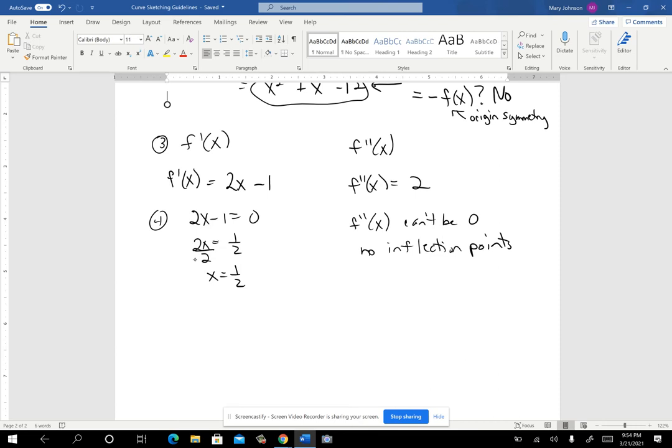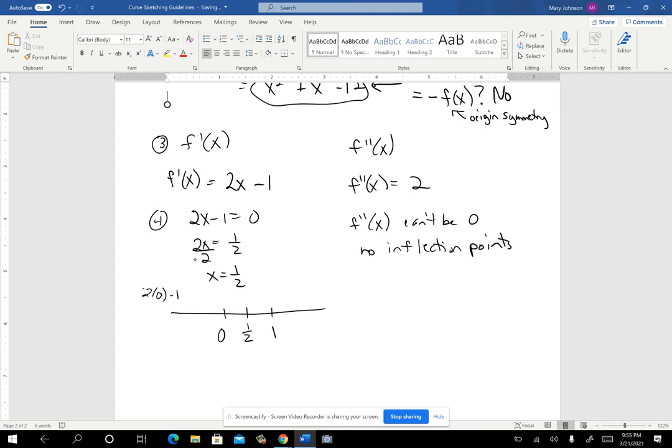Okay, so what I'm thinking about here is there's only this one critical number. And if I pick a value on the left and a value on the right, I can determine whether it's increasing or decreasing. That's what the first derivative will tell me. So if I plug 0 into the first derivative, I'd wind up with 2 times 0 minus 1, which would be -1.